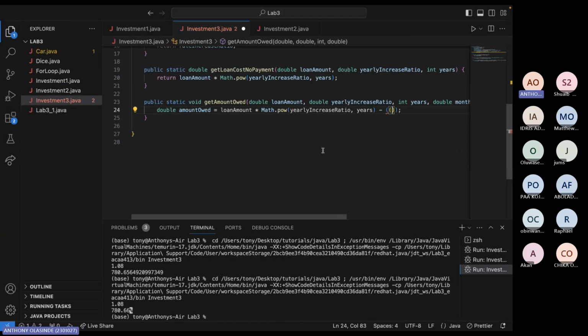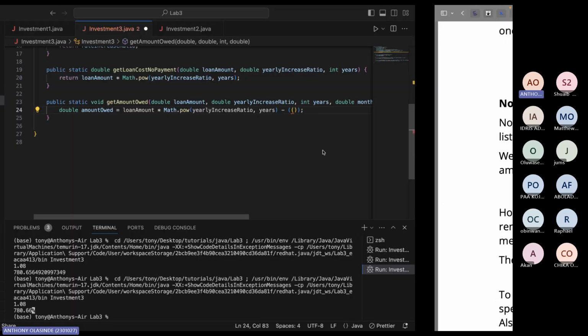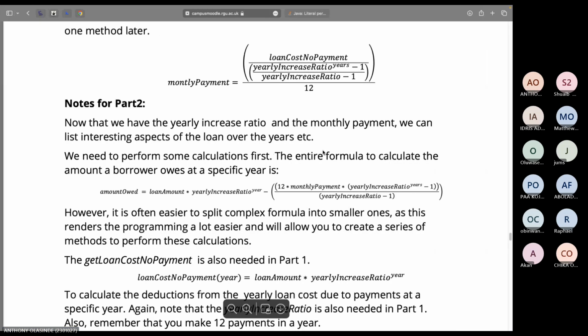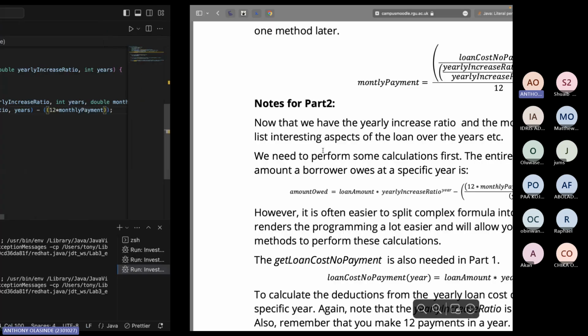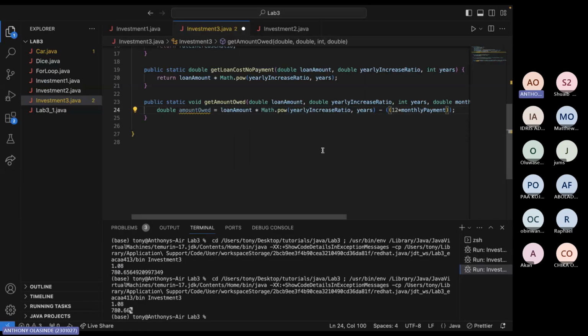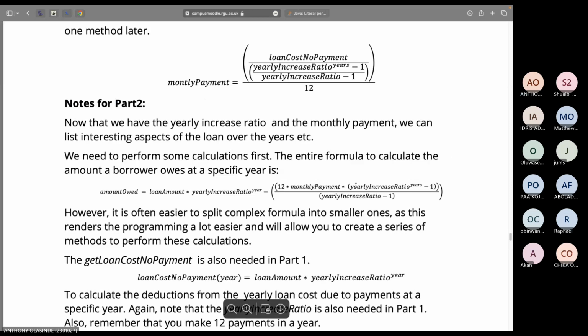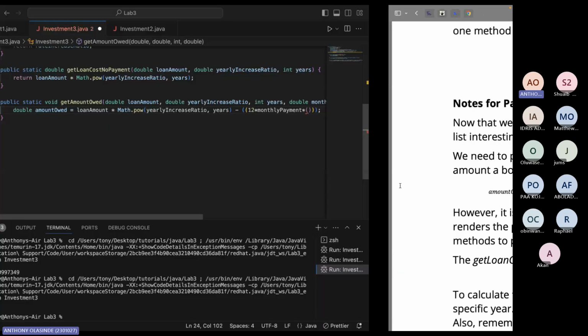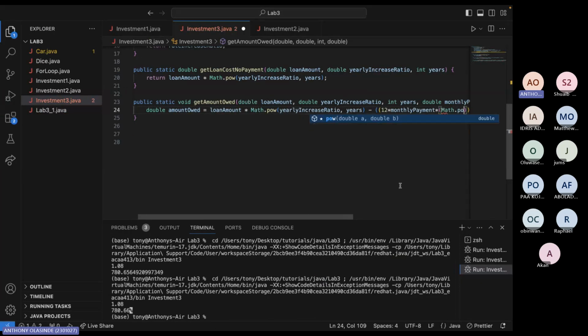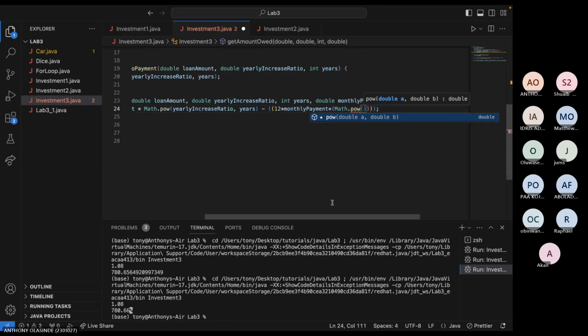Then a smaller bracket that's 12 times monthly payment times yearly, that will be times a bracket of math.power, that will be yearly increase ratio by years.